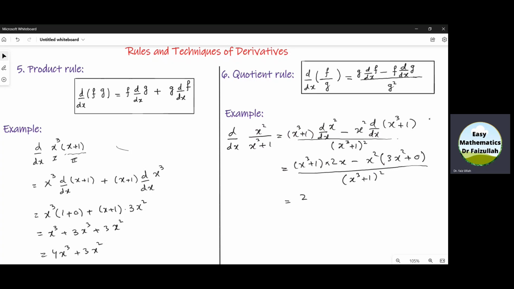So we have 2x power 4 plus 2x, and from here we get minus 3x power 4 and whole divided by x cube plus 1 whole square. And from this we get 2x cube and the other is minus 3x power 4. So we write 2x minus x power 4 whole divided by x cube plus 1 whole square. And that's all. That is the solution of this question.